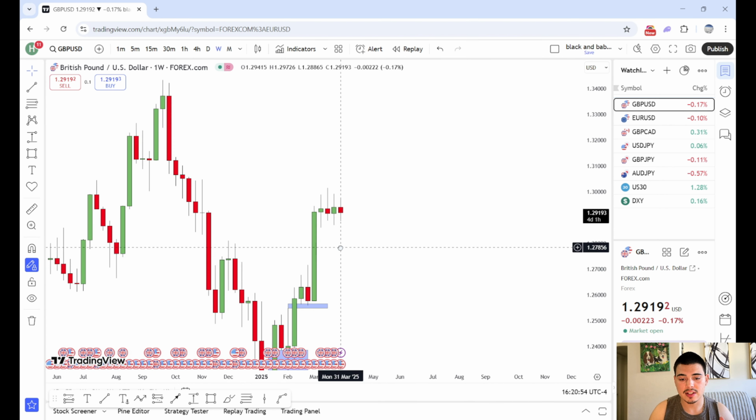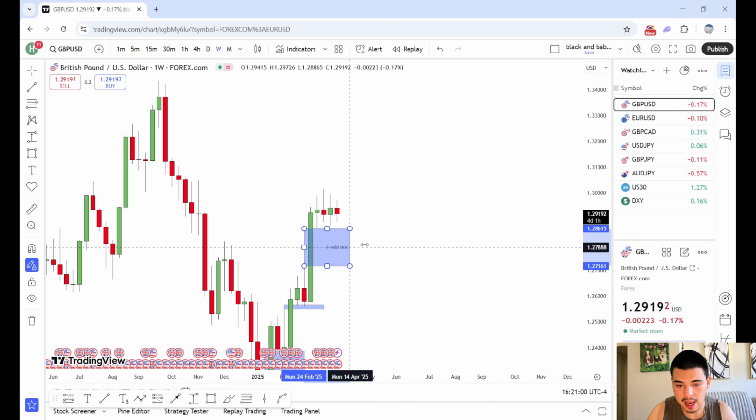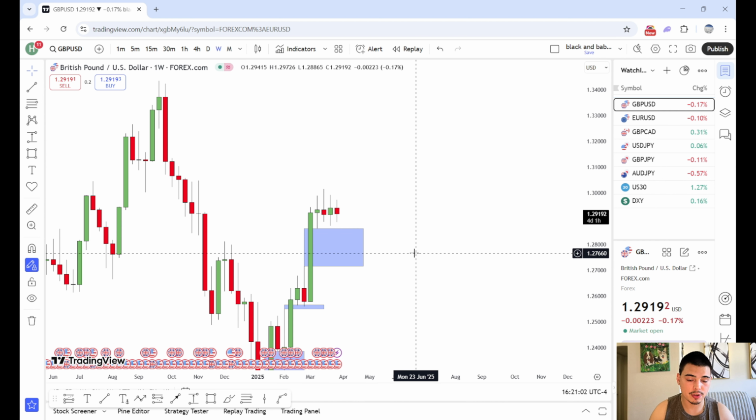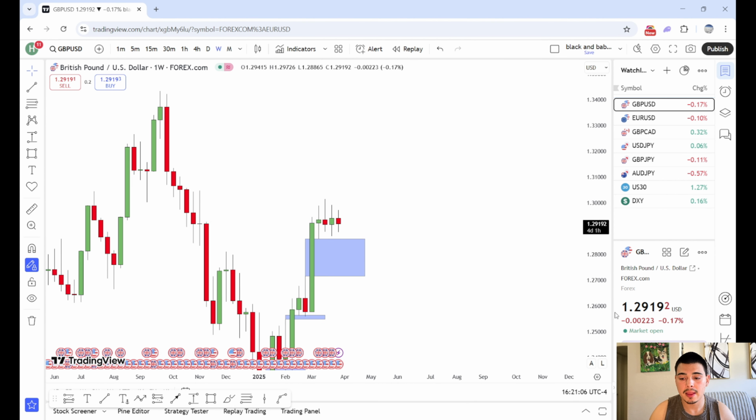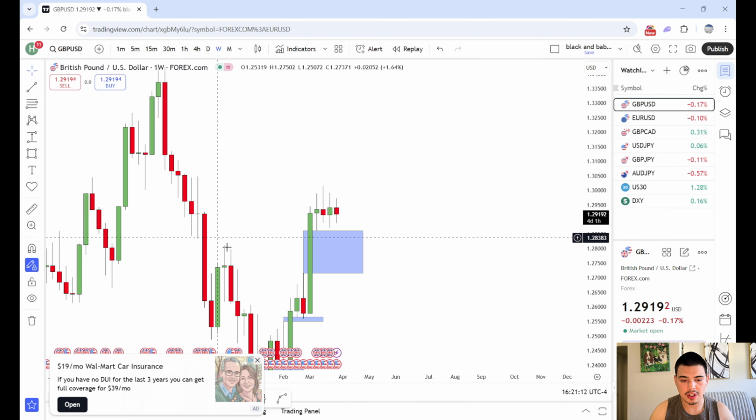And whenever it taps into external range liquidity, my next draw on liquidity becomes internal range liquidity. And I prioritize fair value gaps, okay? Fair value gaps are the best bread and butter that you can make, right? It's awesome. And so right here, we're at this swing high where we took out this swing over here.